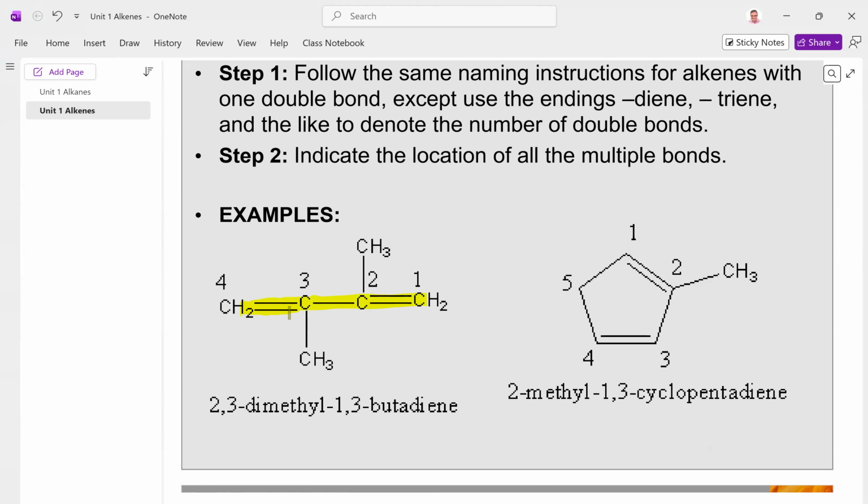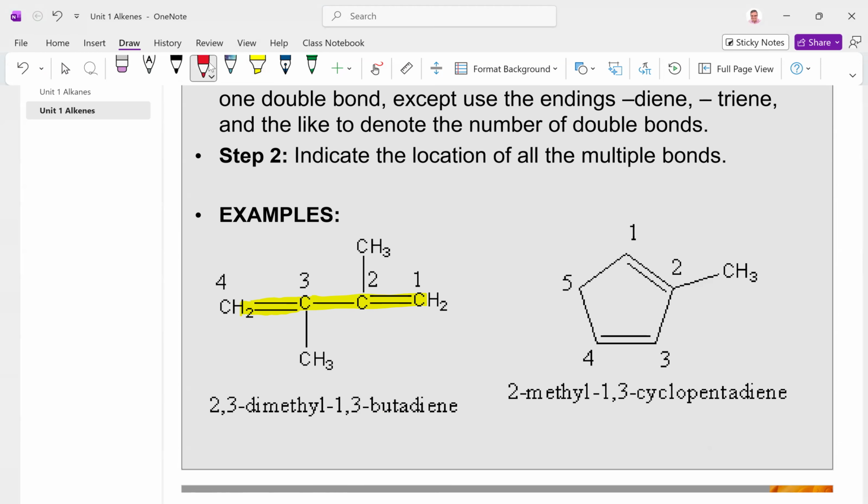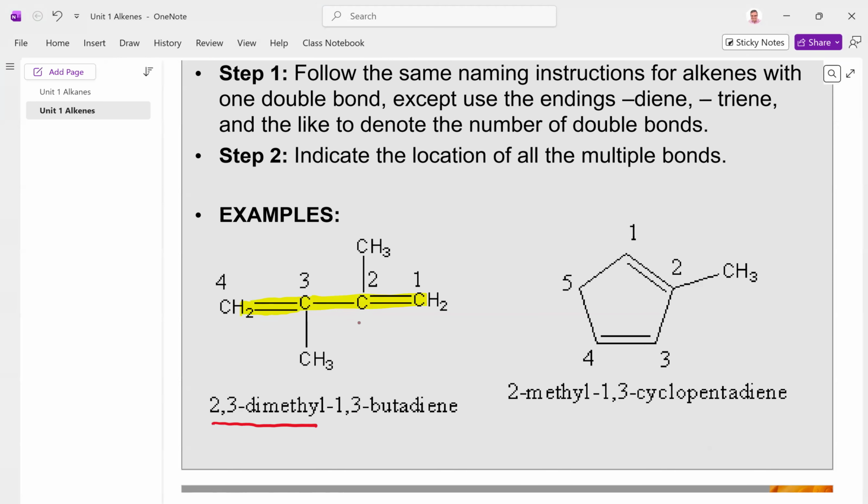That's our only option that includes both of them. So we've got 2 branches, 2 methyl branches. So that's going to be a dimethyl. Oh, numbering. Let's look at numbering for a second. Okay, this one numbers from right to left. Let's go left to right.